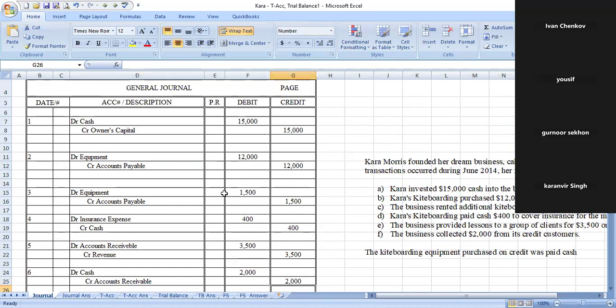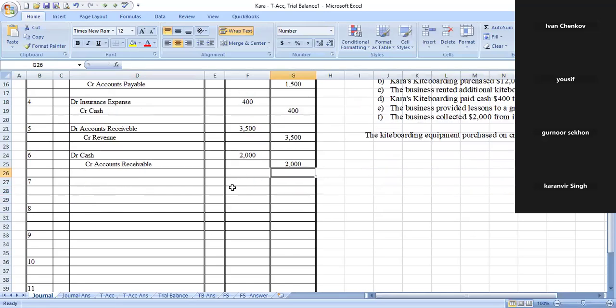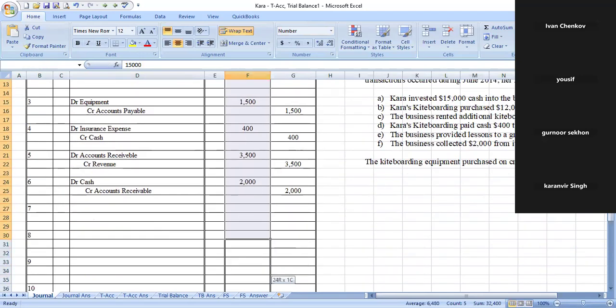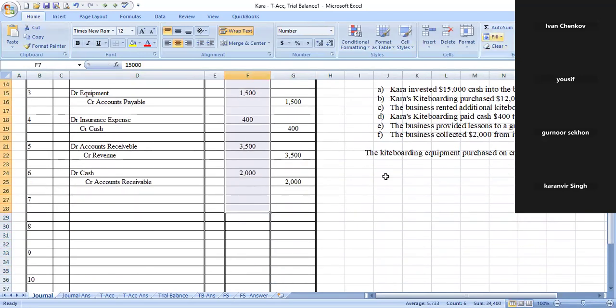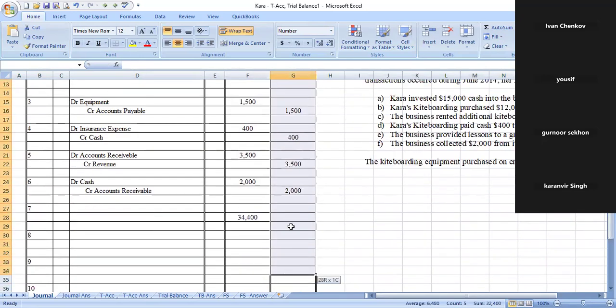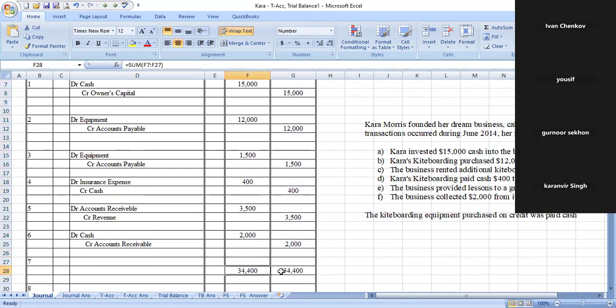Now, what we can do here on the journal entries, interesting thing is, let's run the total of the debit and let's run the total of the credit. First thing that we have to find out is, is the debit equal to the credit?